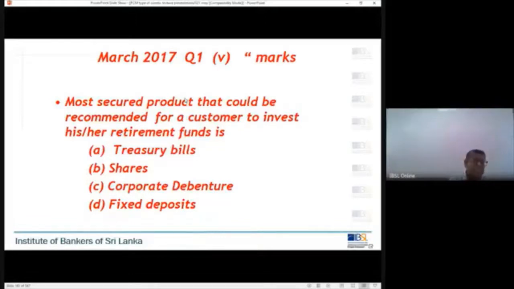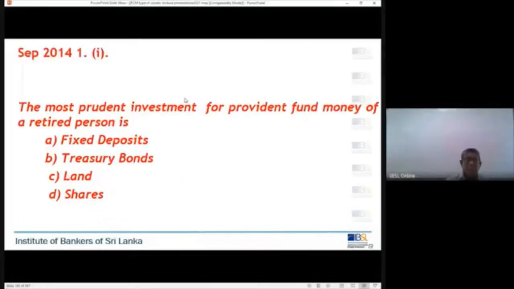That is the gilt-edged securities, right? In this type of question, what you are expected to know is the features. Understood now? The answer is treasury bills.